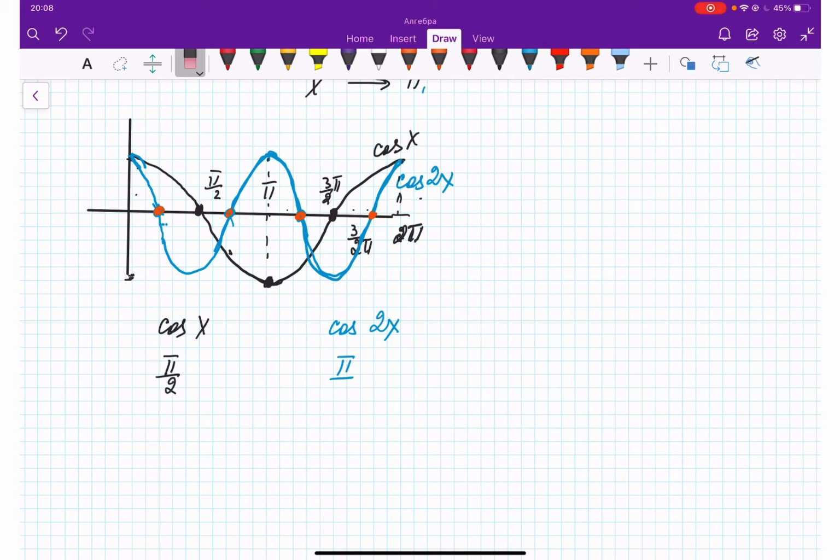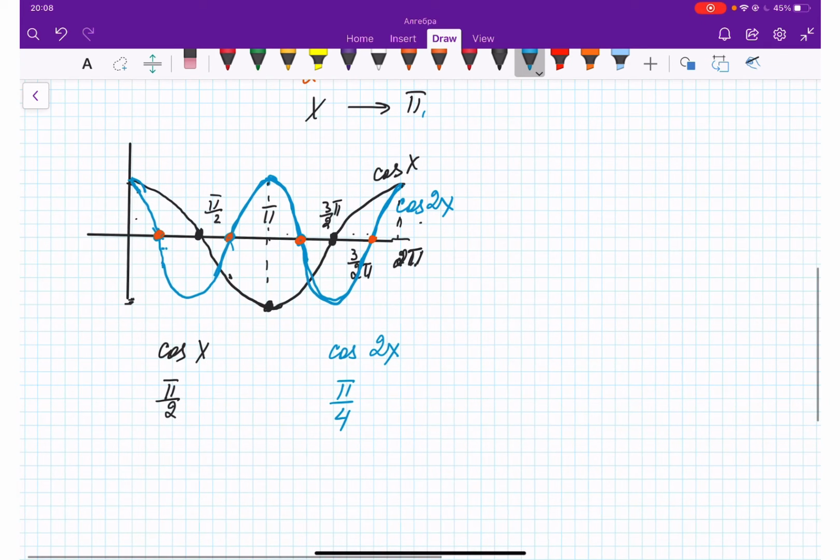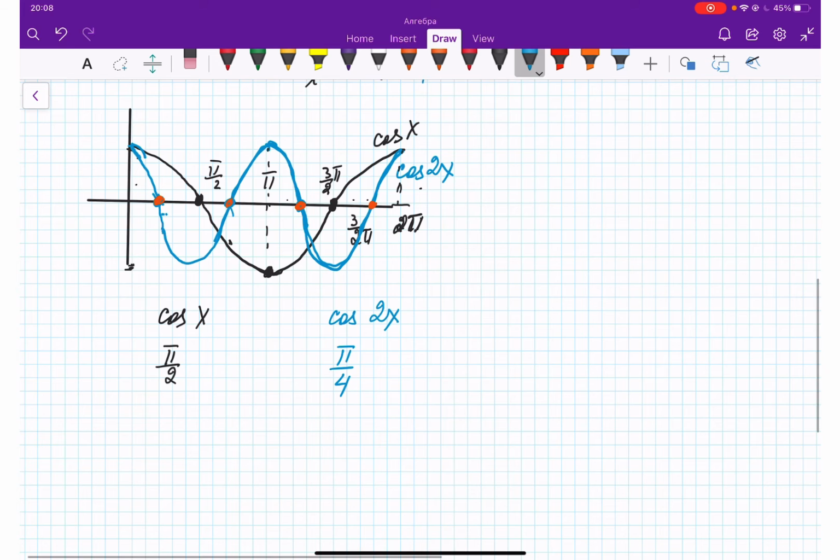The same way, every single critical point for cosine x will be twice as small for cosine 2x. Next critical point we have is 3 over 2 pi on cosine x, this one.